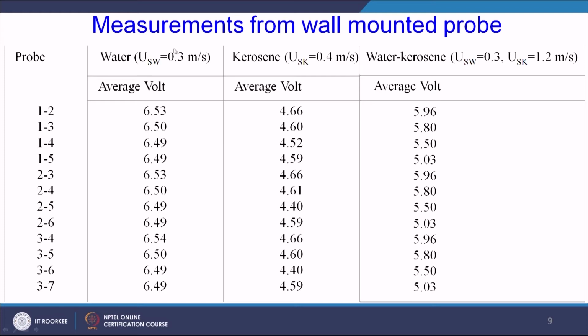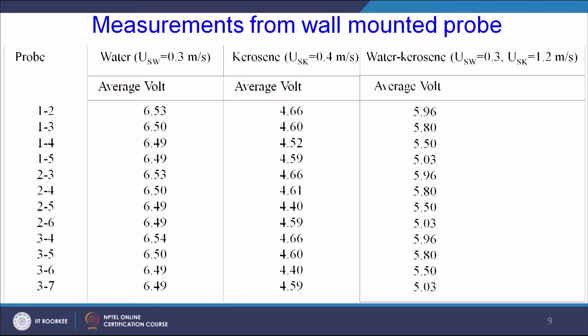And if you have kerosene, it is something in the range of 4.5 to 6. Interestingly, whenever we have both in the form of a core-annular pattern, the signal comes somewhere in between these two. All these are wall mounted probes, 1, 2, nowhere have we featured 0.